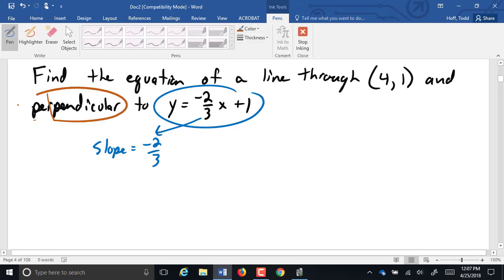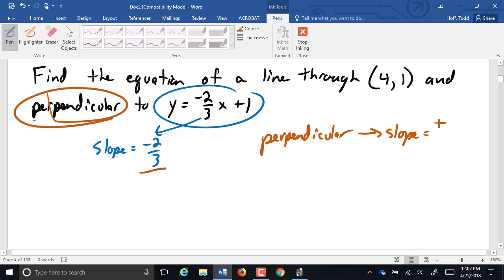I am looking for perpendicular. Perpendicular means the slope is the opposite reciprocal. This slope is negative, so the perpendicular is positive. Reciprocal, 2/3 becomes 3/2. So 3/2, or positive 3/2, is the slope of that perpendicular.